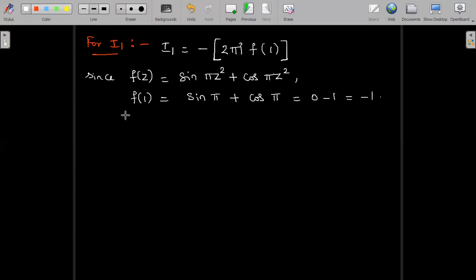Therefore I1 will be minus of 2 pi i into minus 1, which gives us 2 pi i. Yes, the I1 value is 2 pi i. This is one of the answers, so let me just box the answer.